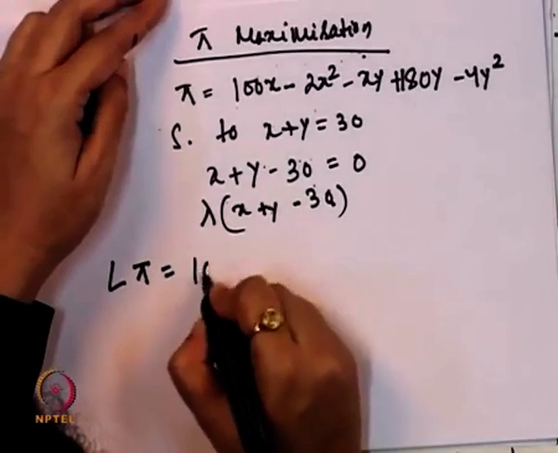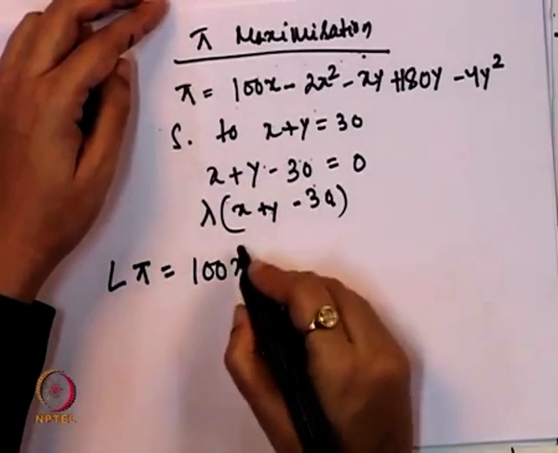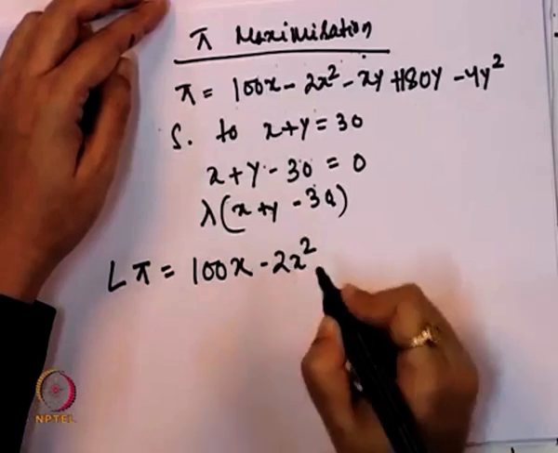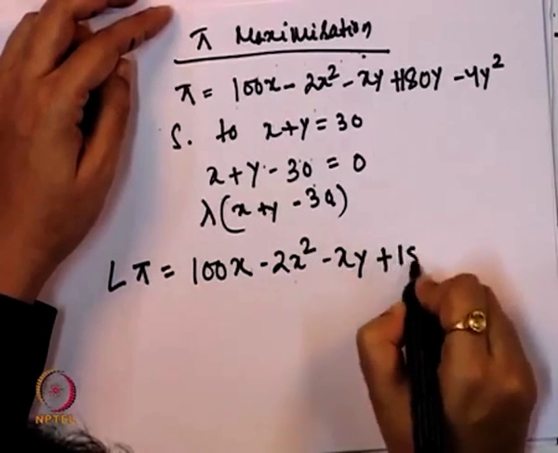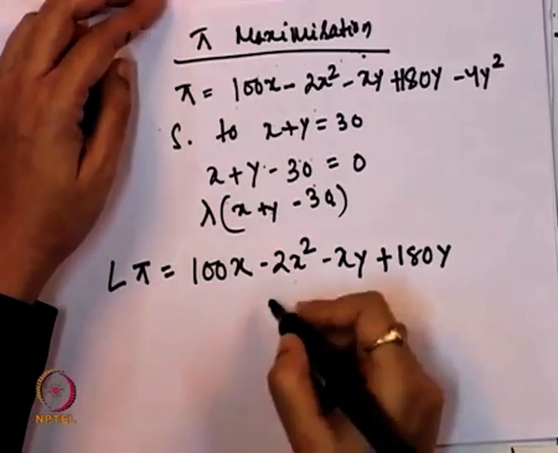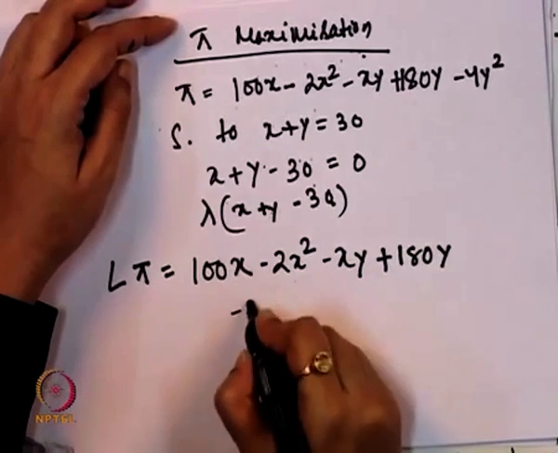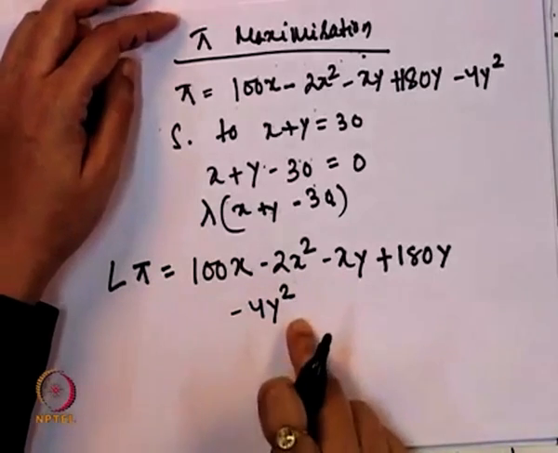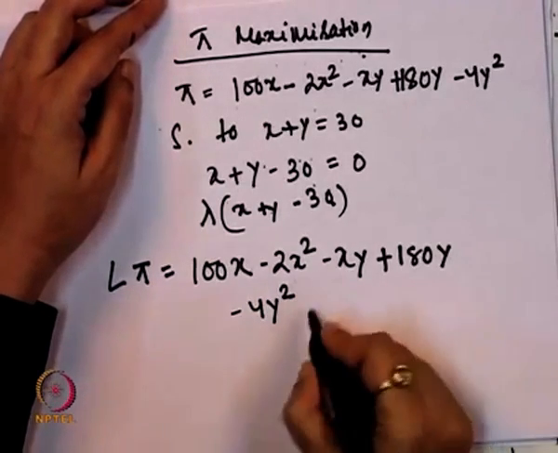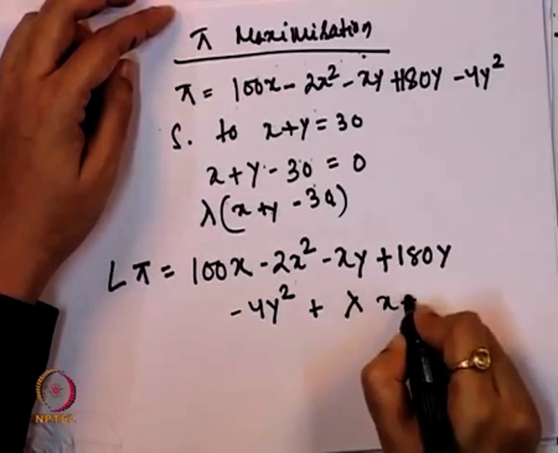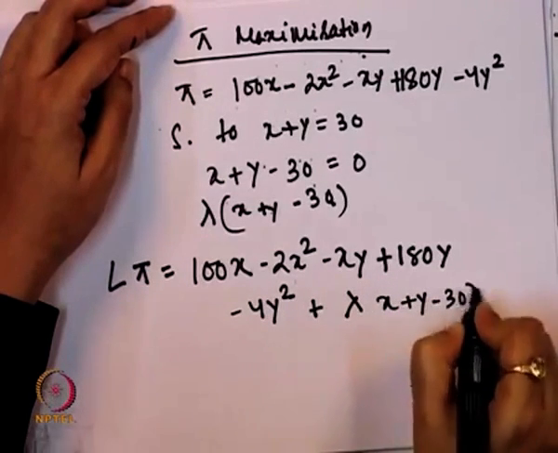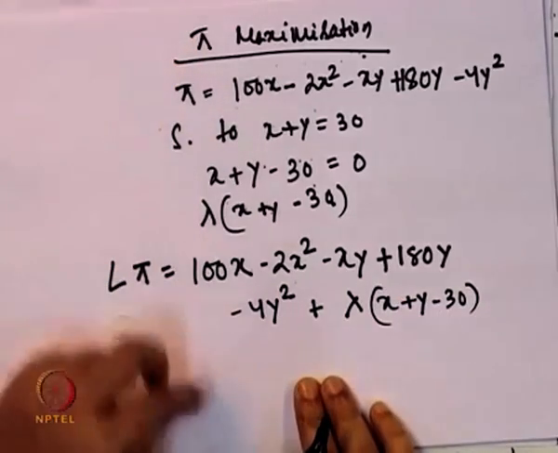The new profit function is 100x - 2x² - xy + 180y - 4y². This is our original profit function. Along with that, we add a Lagrangian multiplier, that is lambda (x + y - 30).